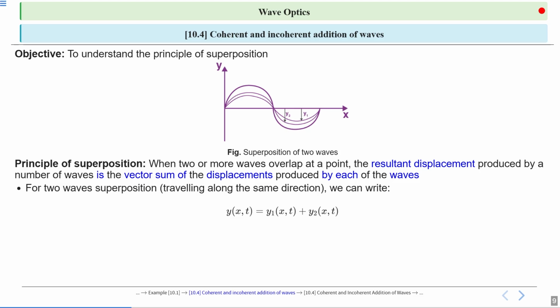Now, displacements of both waves are along the y axis, so they are simply added. So y(x,t), the displacement of the resultant wave at any time at any position along the x axis, is a function of both x and t, position and time.